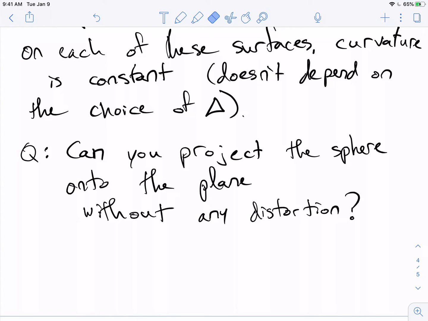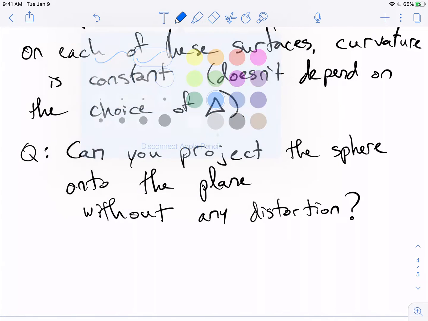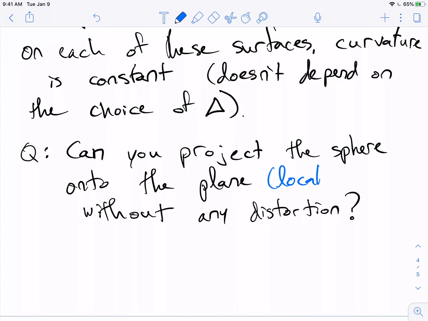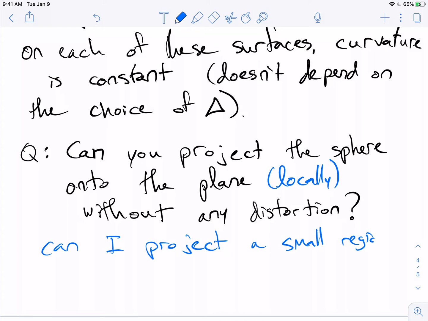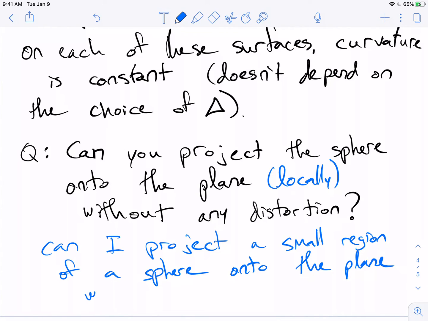Can I project just a small region of the sphere onto the plane without distorting it?